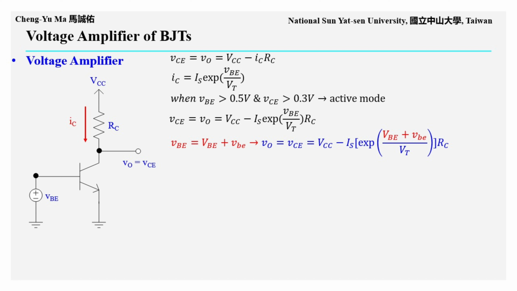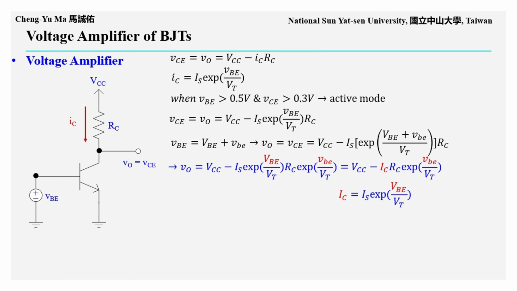Here, the entire sum capital VBE plus lowercase vbe is inside the exponential term and divided by VT. Because the voltage inside the exponential term is a sum, the exponential can be separated into two factors. The exponential of capital VBE plus lowercase vbe over VT becomes the exponential of capital VBE over VT, multiplied by the exponential of lowercase vbe over VT.